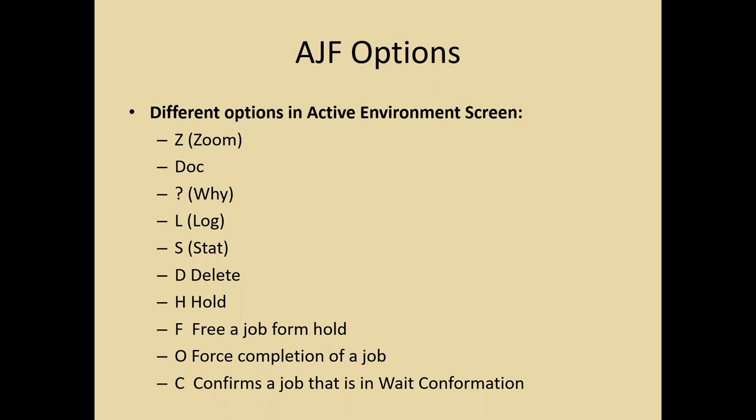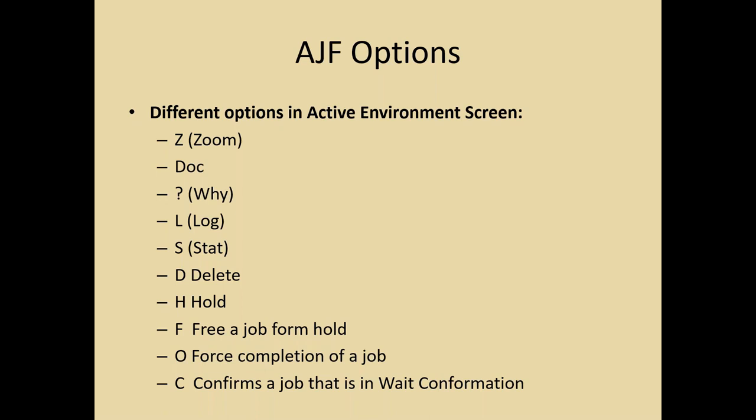For that you also use the command F, the same one you use in AJF to free a job. When used inside a schedule library, it changes into forcing a job. You have to be a little careful. F when used in option 3 represents freeing a job. F when used in the schedule library table represents forcing a job.